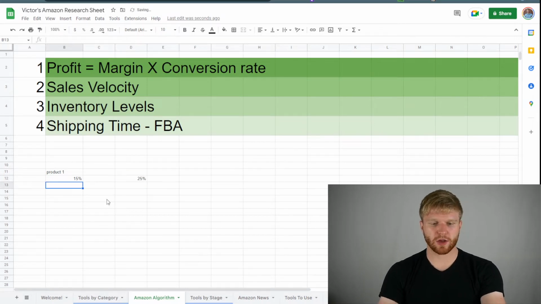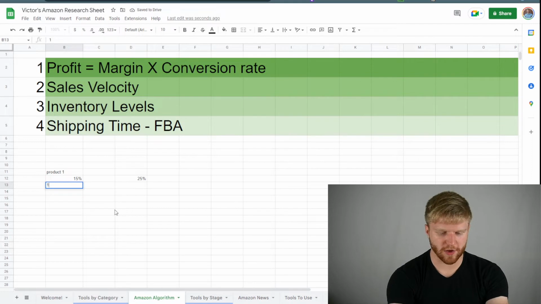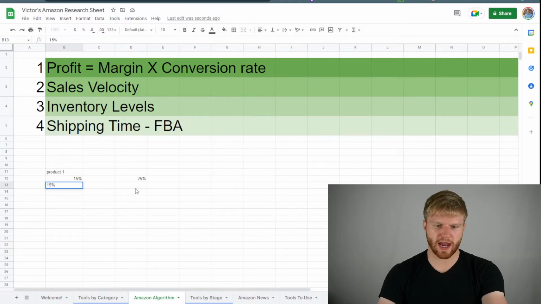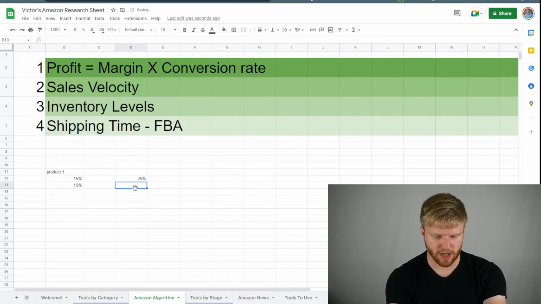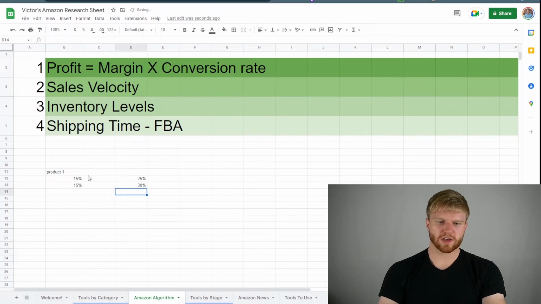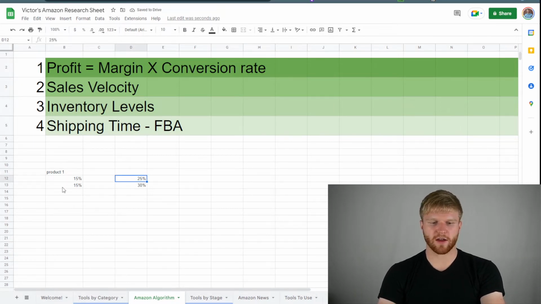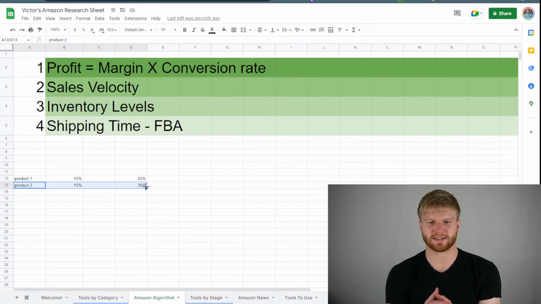And you were competing with another product that also has a 15% margin and has a 30% conversion rate. So if Amazon's algorithm were to look at this, it's going to say, hey, I'm going to send this to product two. It makes more sense to send this to product two, so that way I get a 30% conversion rate, and that way I'm more likely to get more money the fastest.